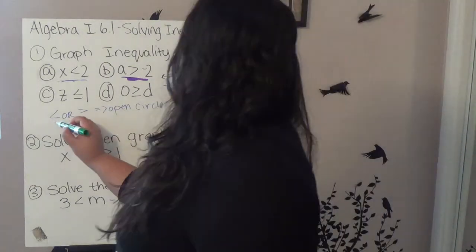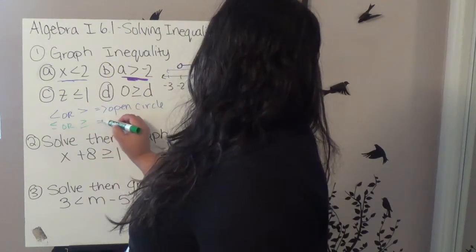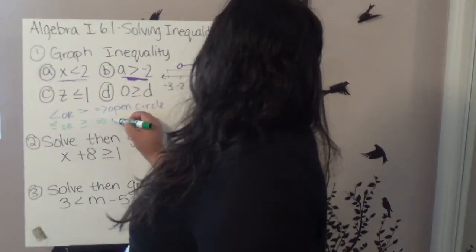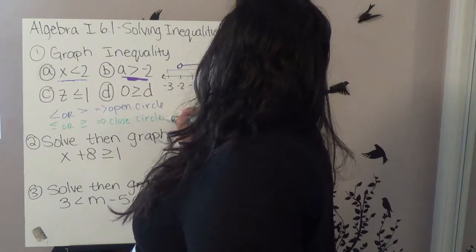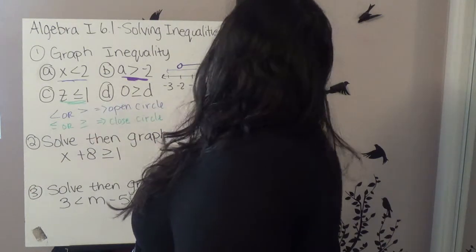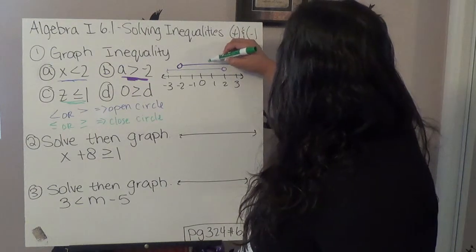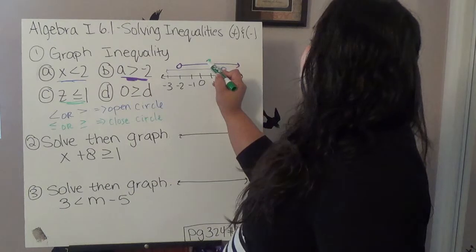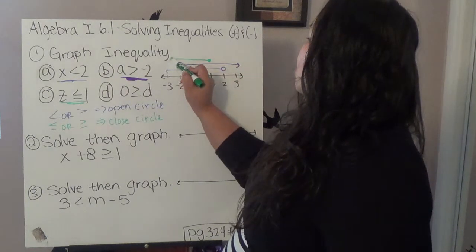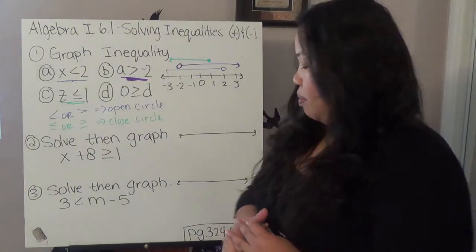So when I have a line underneath, so less than or equal to or greater than or equal to, this means that I include it, so I close the circle. So I find the number 1 right here, and I'm going to do a closed circle. And this I have less, so all the numbers that are less than 1 and 1 included, and I put an arrow because just because my number line stops doesn't mean the answer stopped.